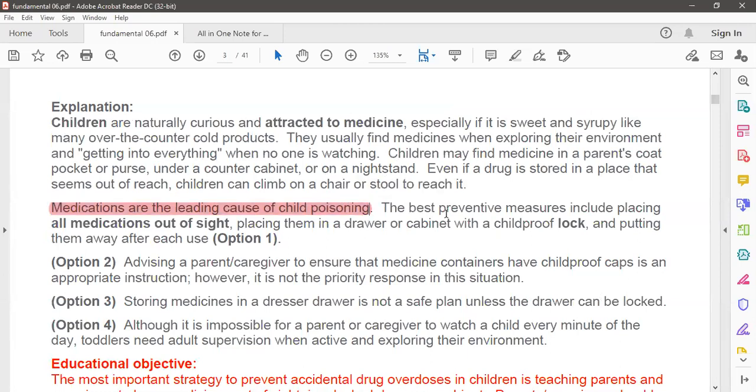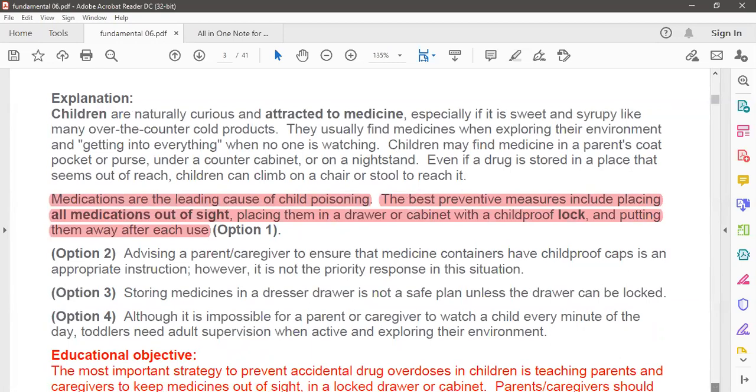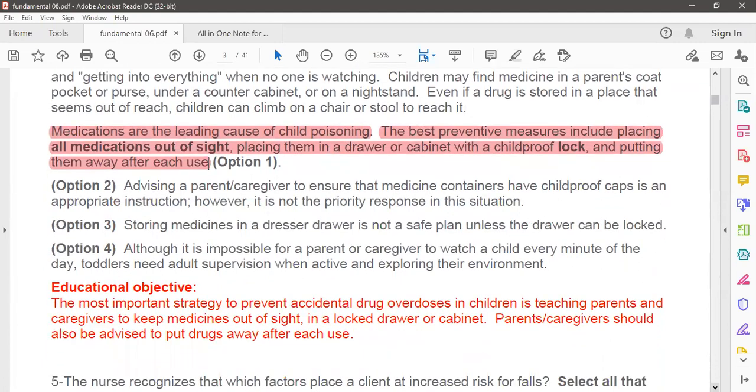The best prevention measures include placing all medication out of sight, placing them in a drawer or cabinet with a child-proof lock, and putting them away after each use. It is the best option to keep medication safe from children and prevent poisoning accidents. What are the education objectives?